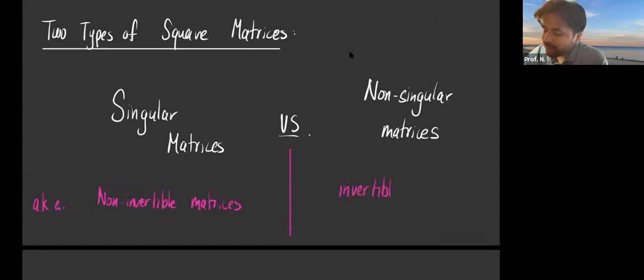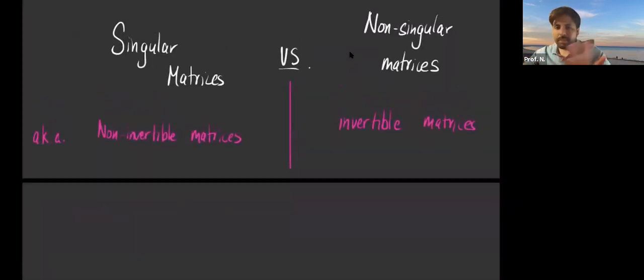I know it's kind of clunky. So singular matrices are called non-invertible matrices, and non-singular matrices are called invertible matrices. There's two kinds of matrices that we can separate into groups.